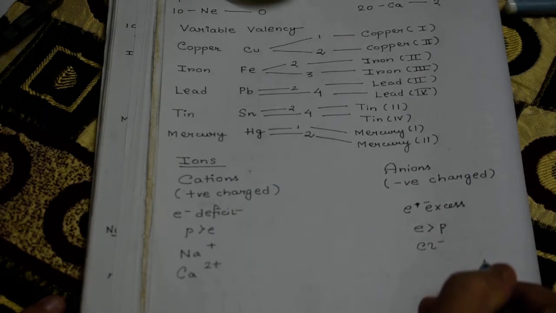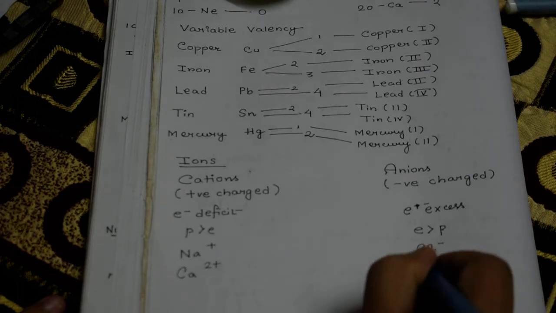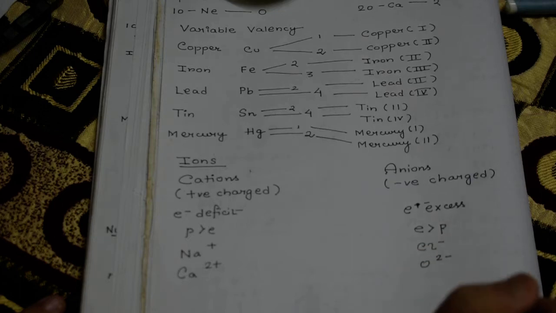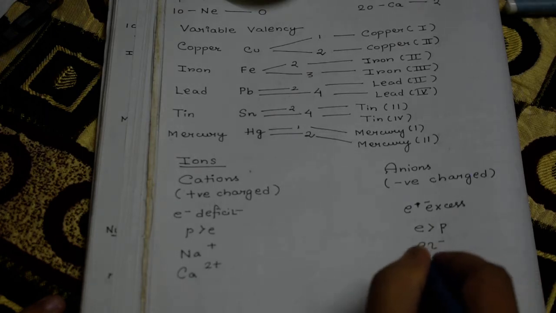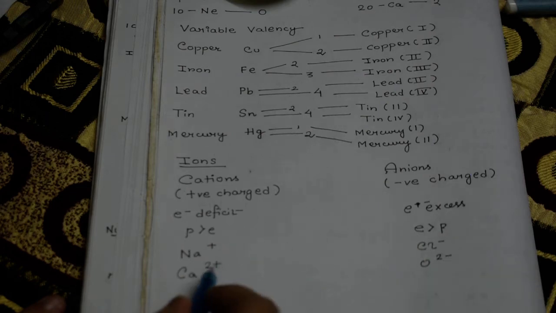But if we look into some other anion, say for example oxygen, it's O2 minus. So this is how the values of the valences, the charges, change. And you write down the charges like this. They are always written as a superscript with this sign, depicting whether it's a plus charge or a minus charge.